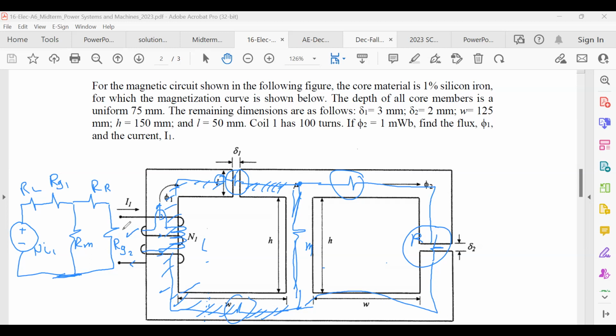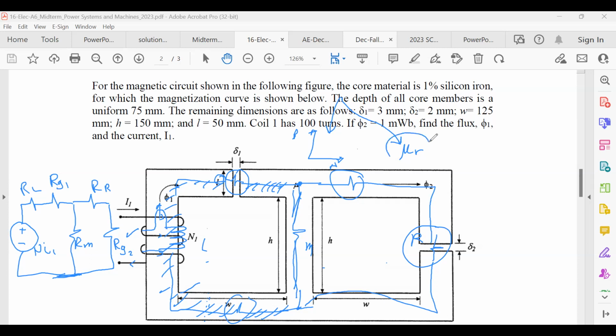Okay. What is given? Before we go, what is given? We have a BH curve. So for magnetic circuit problems, all the problems, you check if you have the BH curve for the iron part or the relative permeability for the iron.